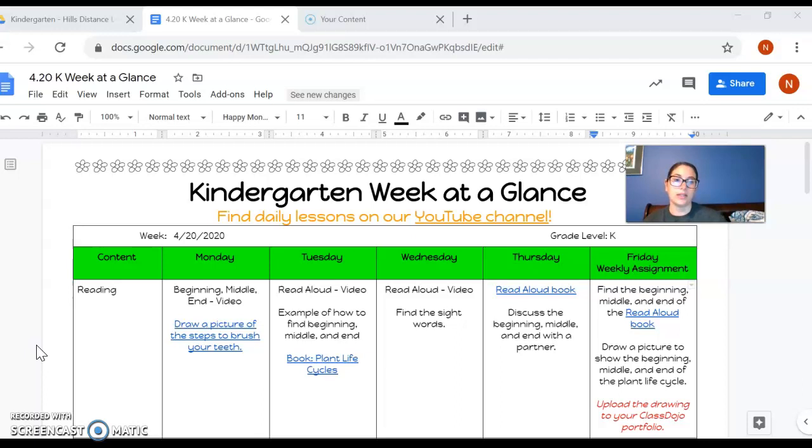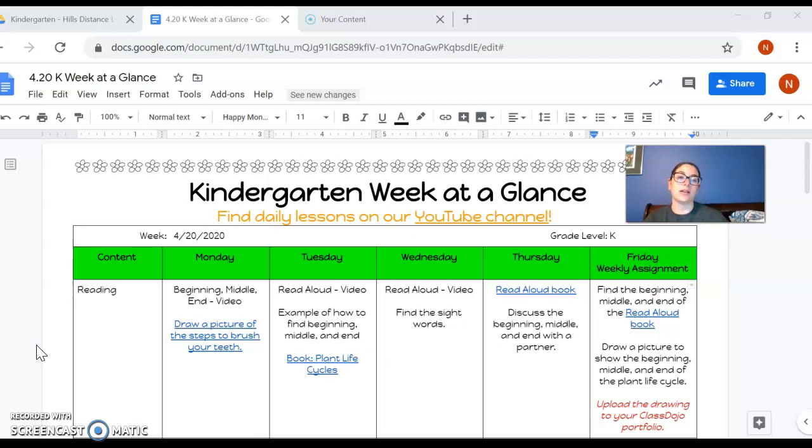Your job today is to figure out the steps of brushing your teeth. We all brush our teeth, so I hope you all are brushing your teeth. So you should be able to draw a picture of the steps you take to brush your teeth.